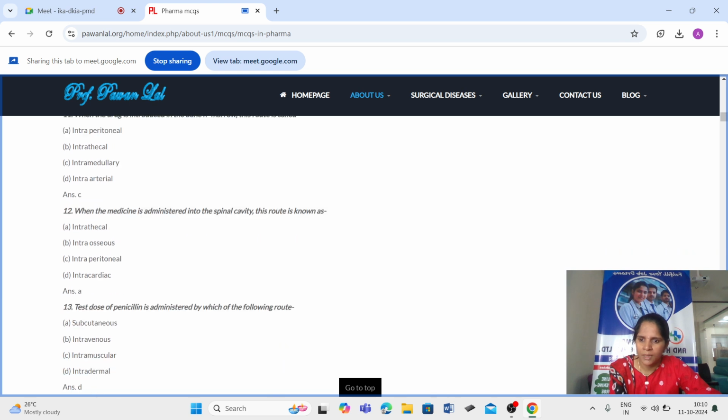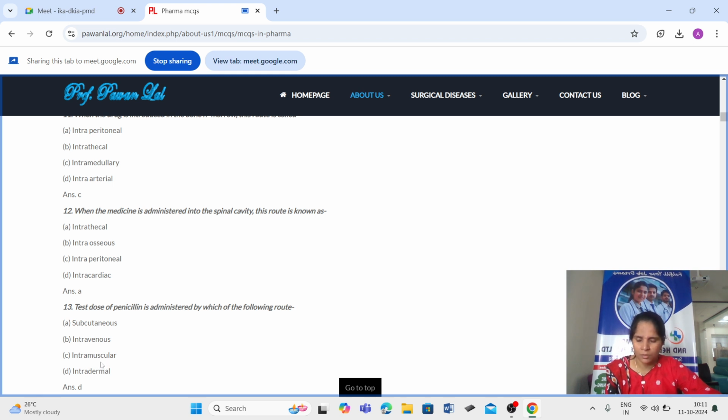Now, the test dose of penicillin is administered by which of the following routes? Subcutaneous, intravenous, intramuscular, intradermal. Penicillin is an antibiotic, we know this. Subcutaneous is beneath your skin. Intravenous means inserting it into the veins.